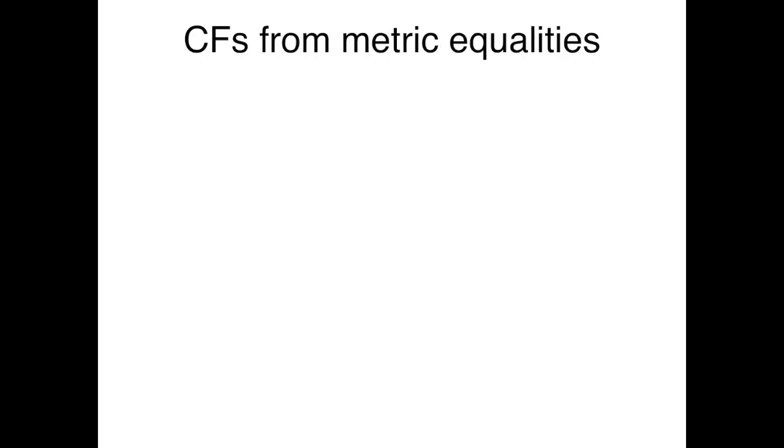First, let's talk about conversion factors from metric equalities. As an example I gave earlier, if you have an equality that says 1 kilogram is equal to 1,000 grams, you can write these two conversion factors. You can write 1 kilogram over 1,000 grams or 1,000 grams over 1 kilogram.